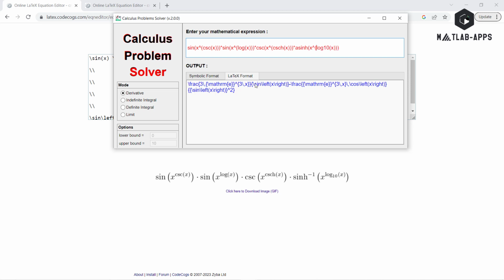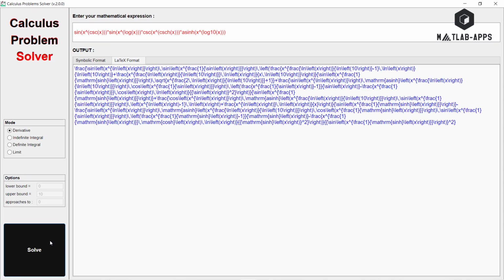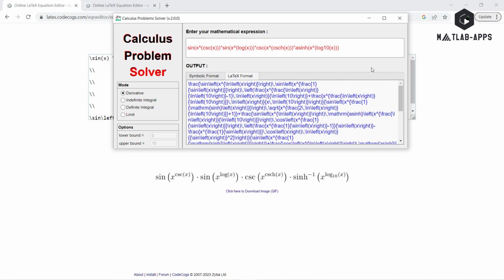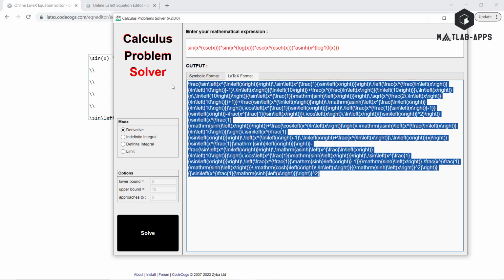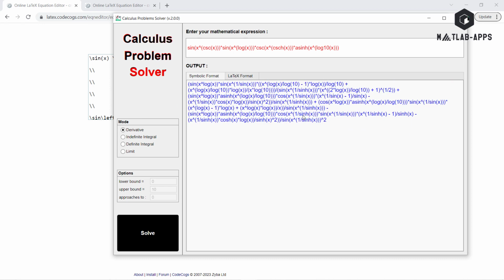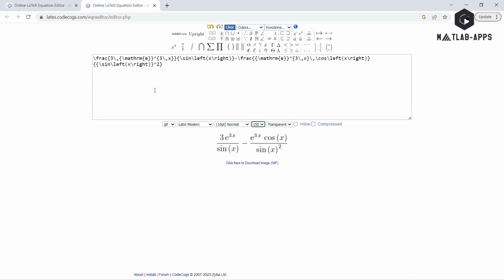Now let's solve this problem, and let's see what the derivative is. Can you imagine the solution here? We can copy it. Let's see it also in symbolic format. It is this one. And let's see it in a professional way, using LaTeX also.